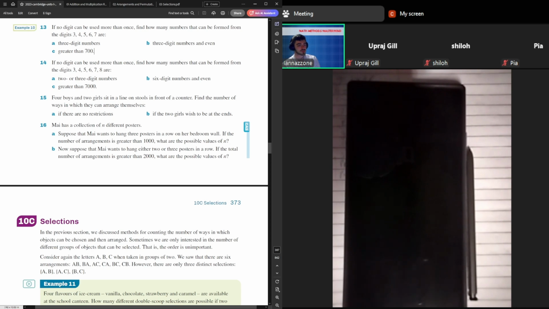Maybe the hint would be think about how you can identify an even number. What is it about even numbers that you know immediately they're even? That'll help with this.